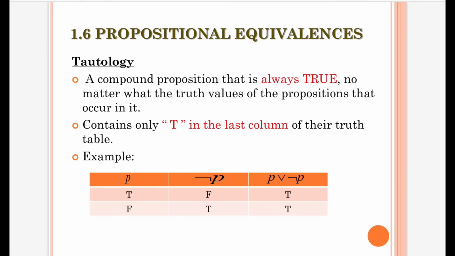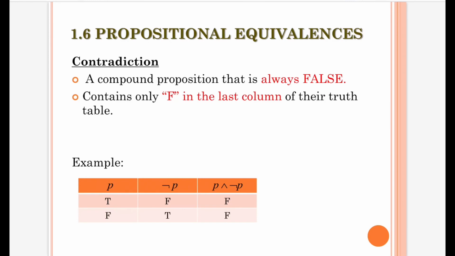For example, P or negation P. P or not P. You get all true. So this is a tautology.